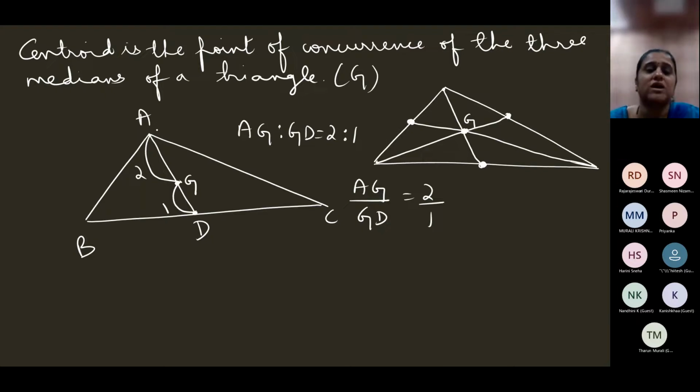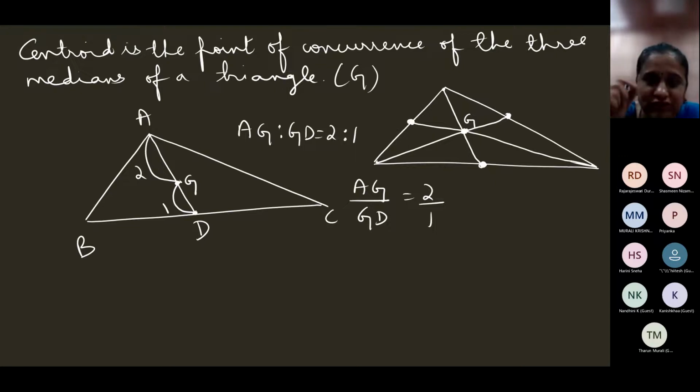Okay, AD is the median, D is the midpoint of BC, and the centroid G will lie on all the three medians. So the centroid G lies on AD, which means you can use a section formula here, because G divides AD in some specific ratio.